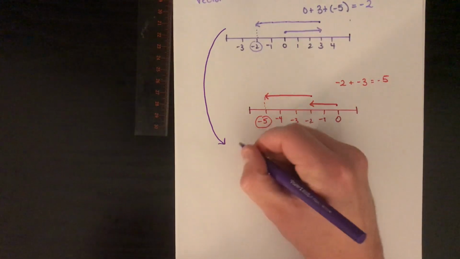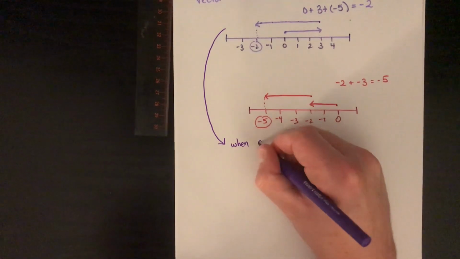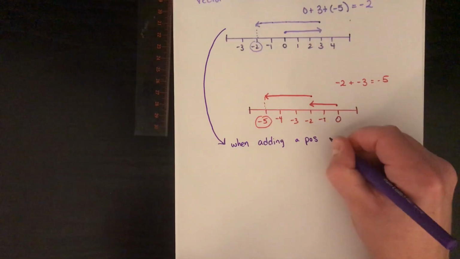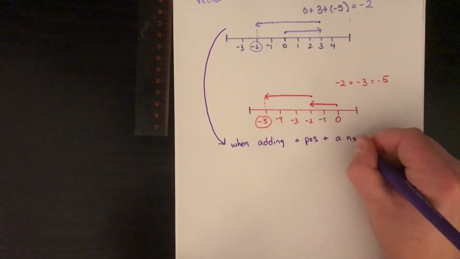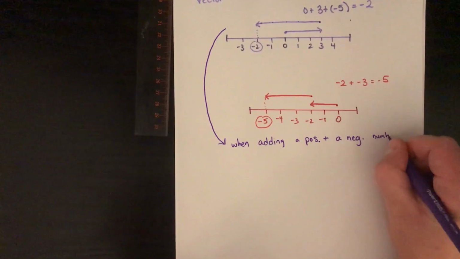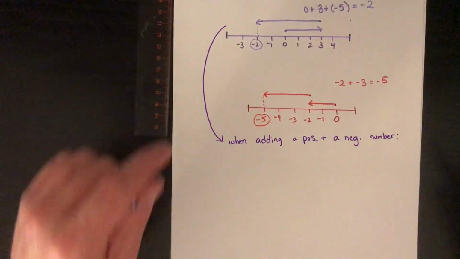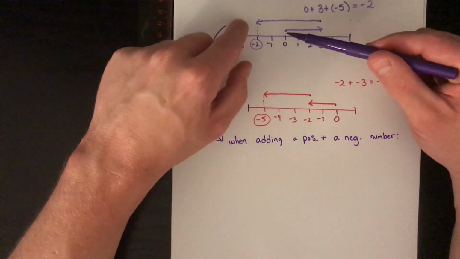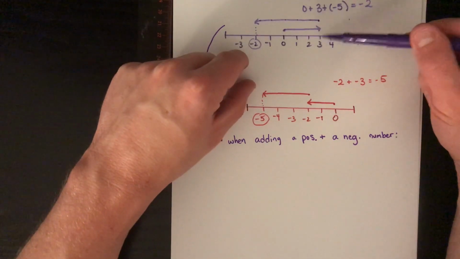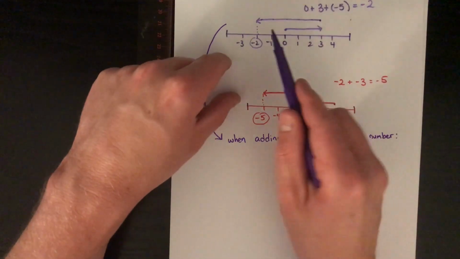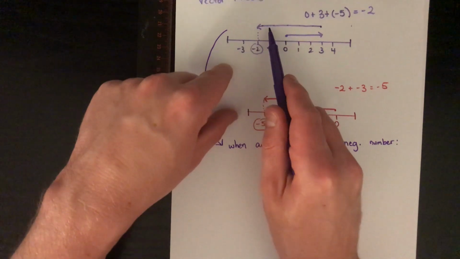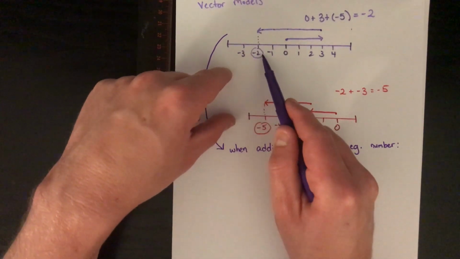So the trick from this was, when adding a positive plus a negative number, whether you ended to the right or to the left of 0, or in other words, whether your sum was positive or negative, was determined by which of these vectors was longer. In this case, the vector pointing in the negative direction was longer, and so our sum wound up negative.